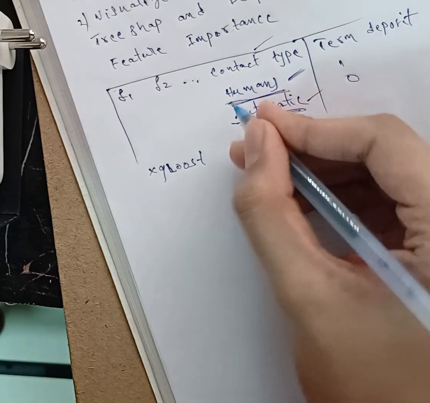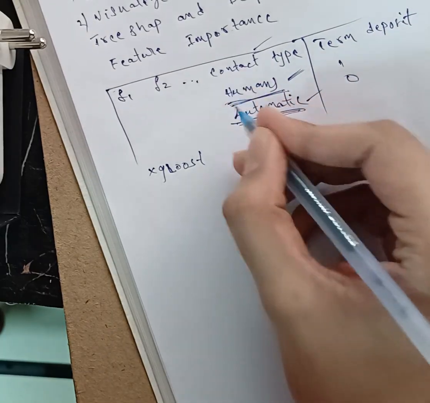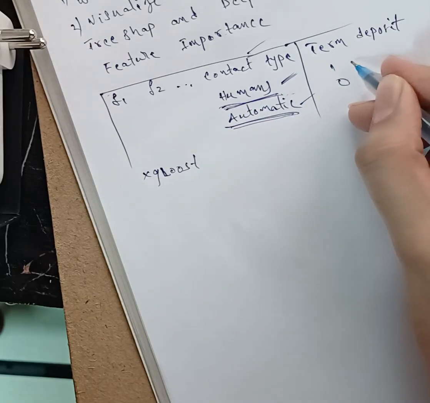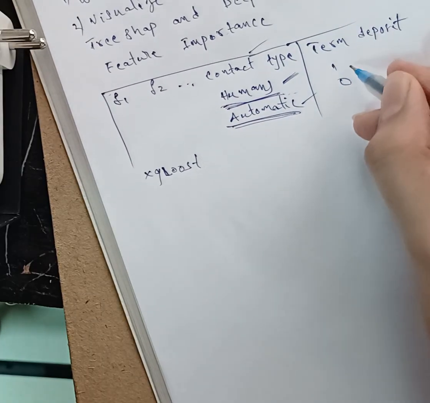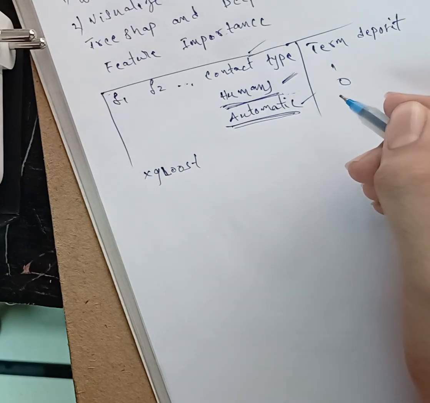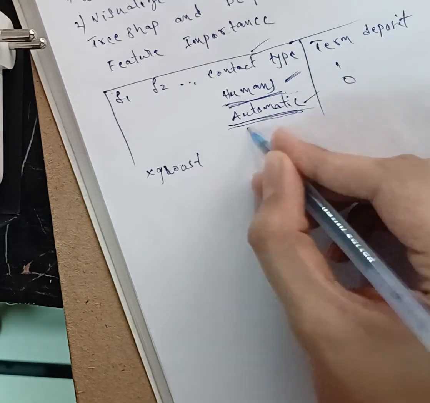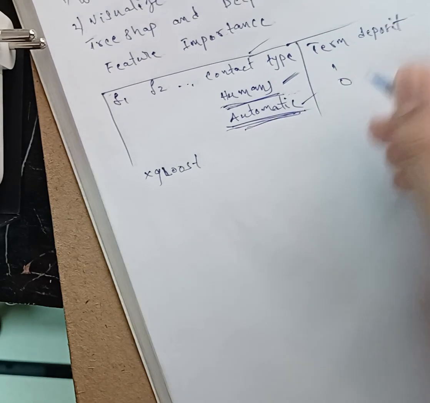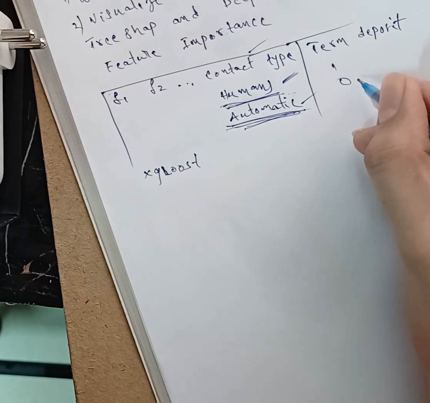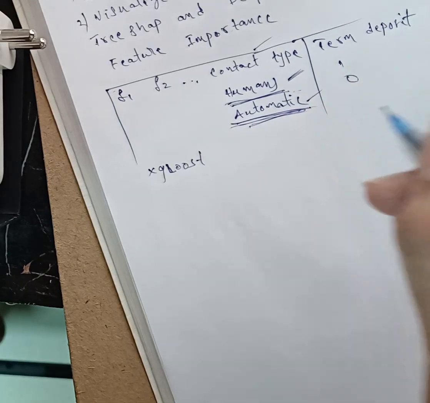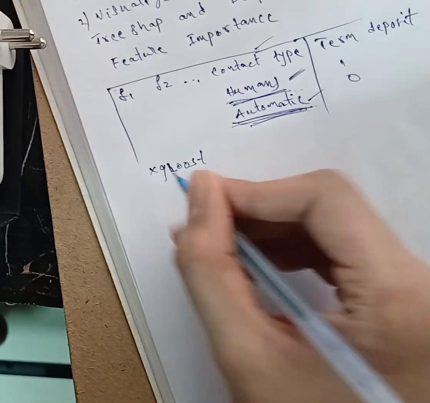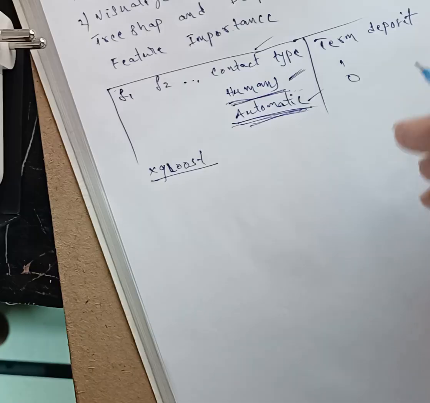That means if you use contact type as humans, then it is most probable that the customer will take a term deposit. And if you use automatic contact type, then it is more probable that the customer won't take a term deposit.